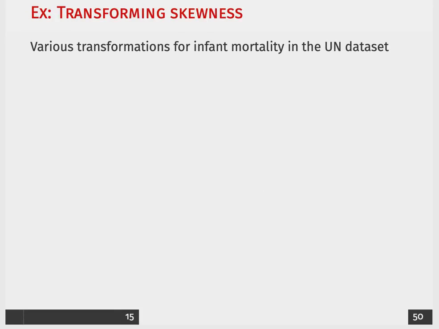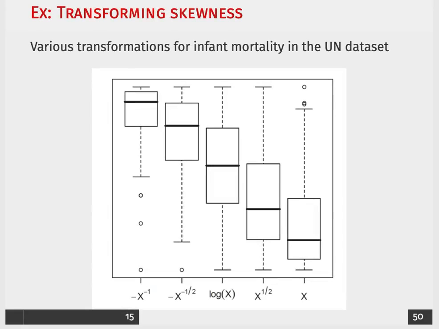So the example that we're going to be talking about is data that comes from the UN about infant mortality. What we can see on the far right is the original variable. We have a couple of observations that are falling quite far outside the normal distribution of infant mortality.